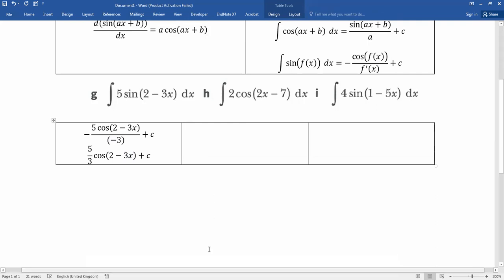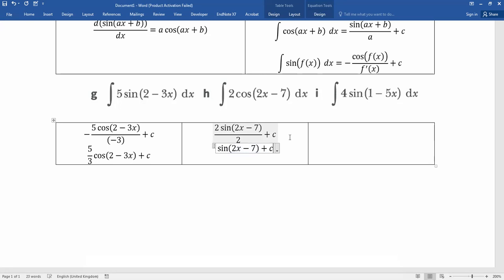Okay, now attempt the remaining two. The integral of cos is sine of 2x minus 7 divided by the derivative of the angle, 2, and then plus c. So simplifying it, sine of 2x minus 7 plus c.